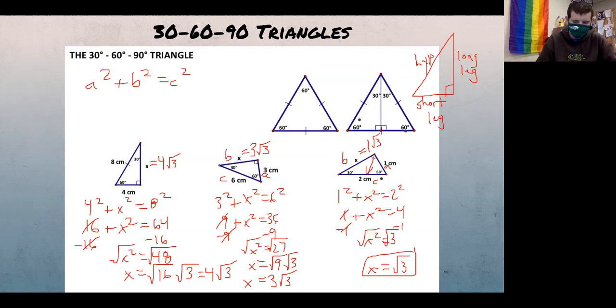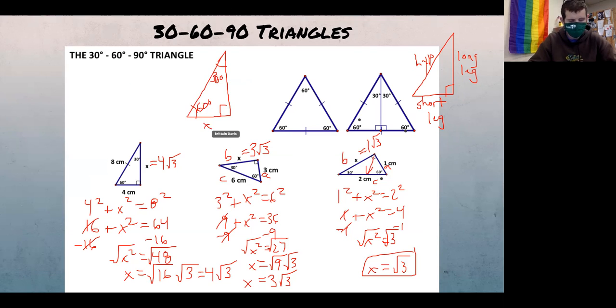Now the rule, and I will clear some space right here so there's not too much competing writing on the screen. I've got my 60-degree angle right here, the 90 and the 30-degree angle. So the key to the 30, 60, 90 triangle is the short leg.